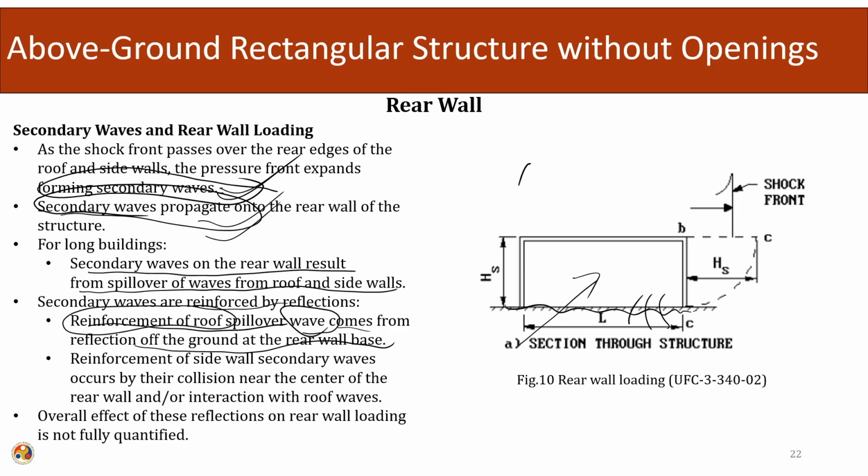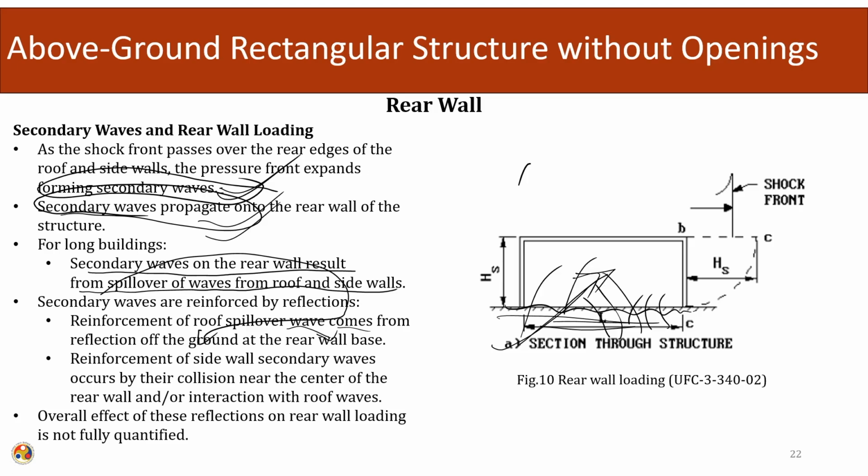So, the secondary waves are reinforced by reflections from the ground at the rear wall base. If a secondary wave is coming at the rear wall, due to the reflections of the ground there will be an increase in its magnitude.